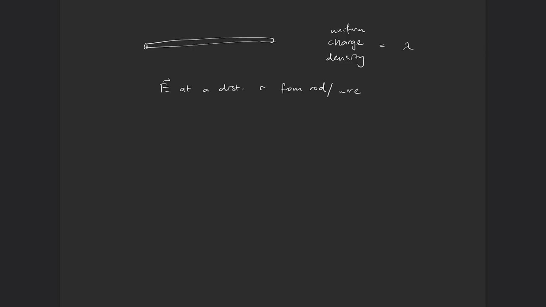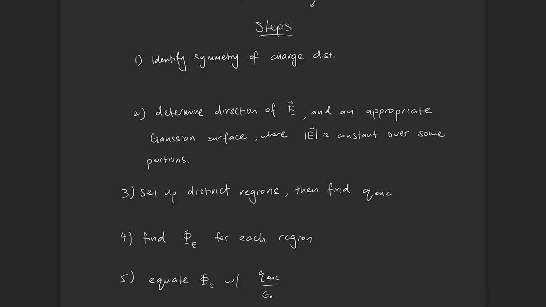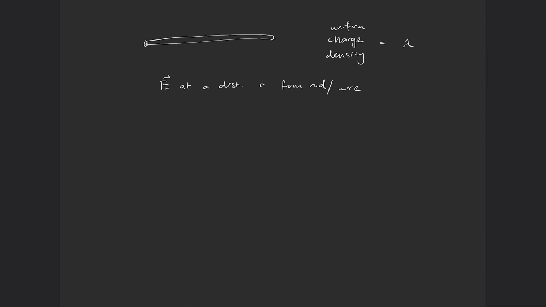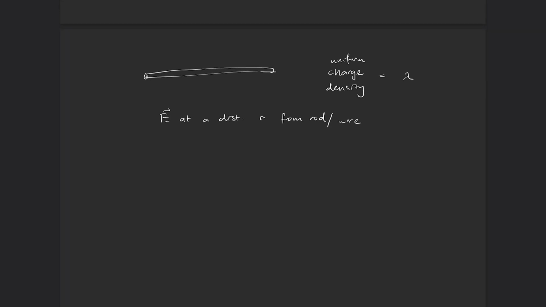If we use the steps from above, first of all, we want to identify the symmetry. An infinitely long rod has cylindrical symmetry, so the field is symmetrical like such, and so on and so forth. So this is our symmetry, and I can write that down.